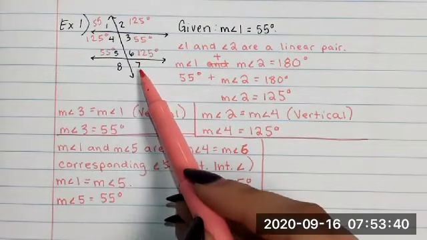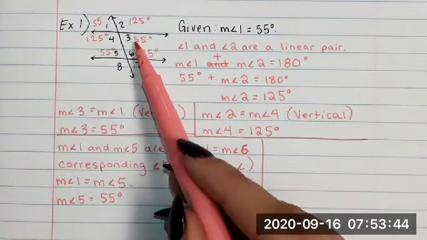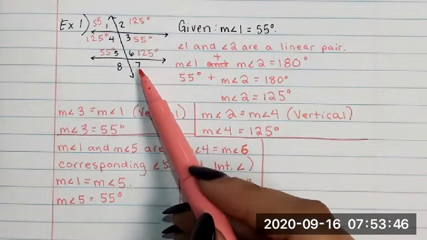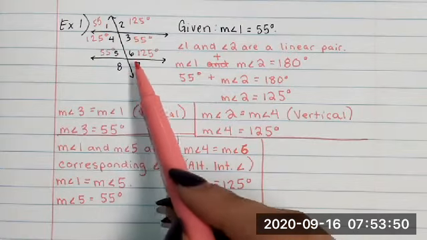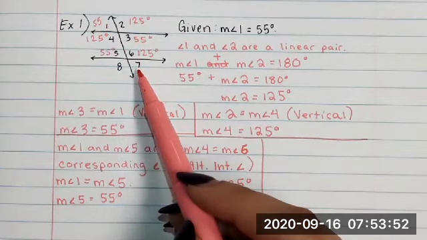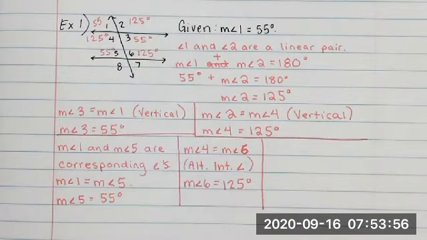So 7 has a few different options. You could either say it's corresponding with 3, or it's alternate interior with 1, or it's vertical with 5, or it forms a linear pair with 6. So notice they're all connected to each other. As long as you're able to find one of those to use, you're golden.